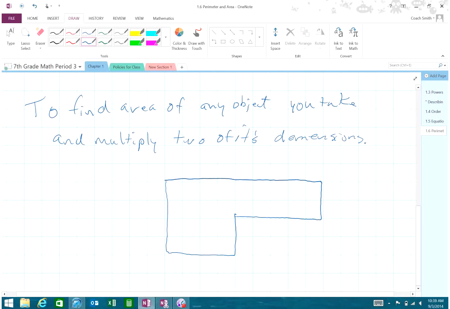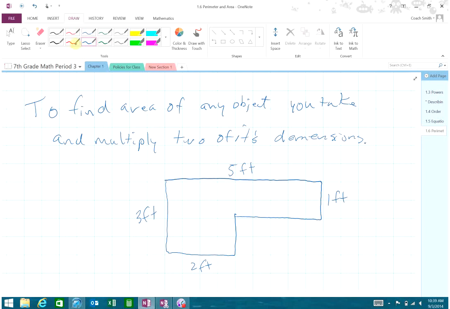It looks similar to theirs. We've got 5 feet, 1 foot, 2 foot, 3 foot. Okay? And they want to know the perimeter and area, correct? Is that what they asked for? Find the perimeter and the area?